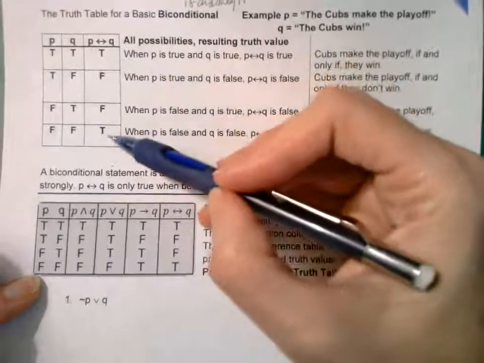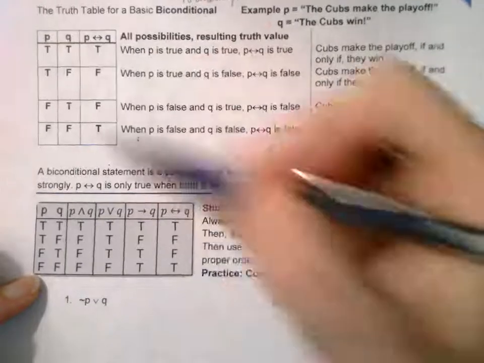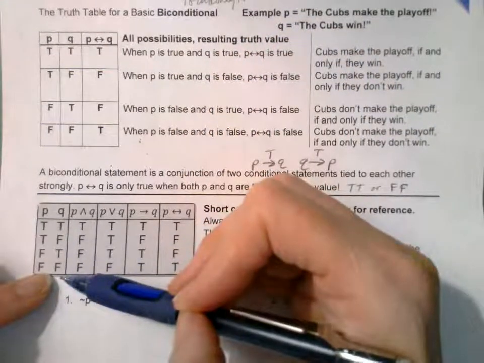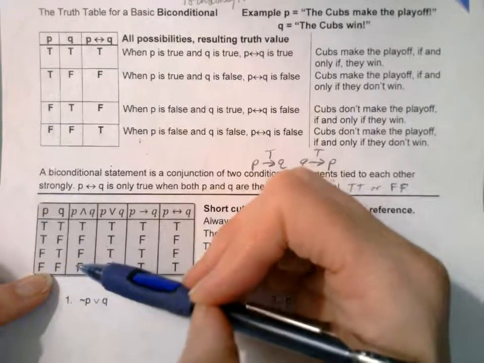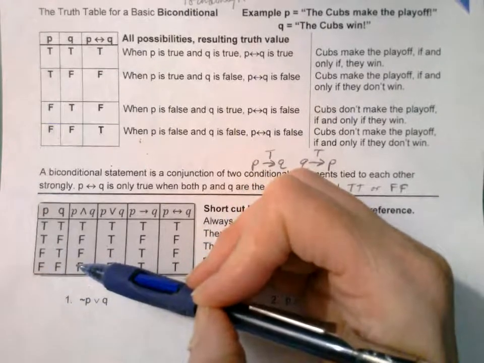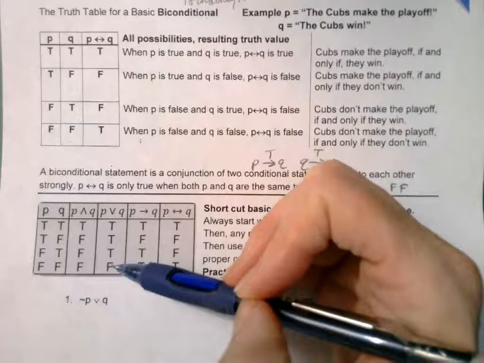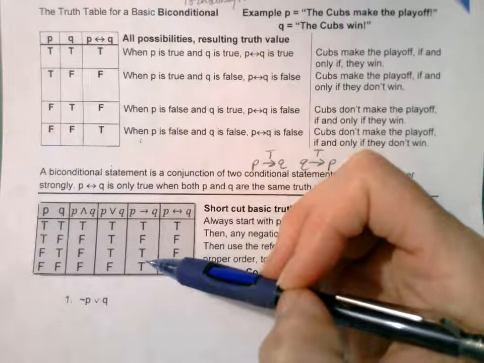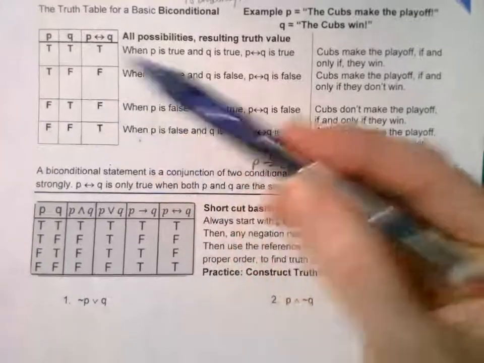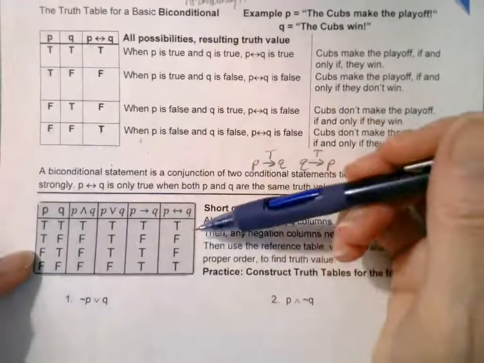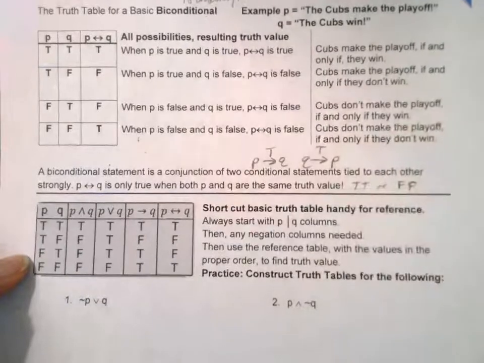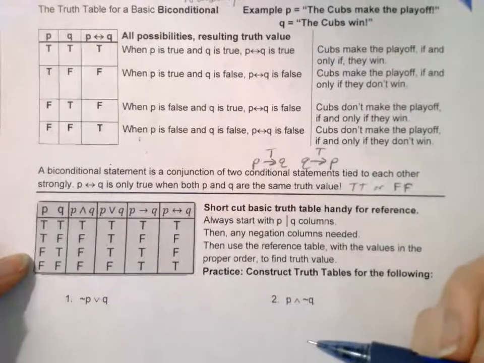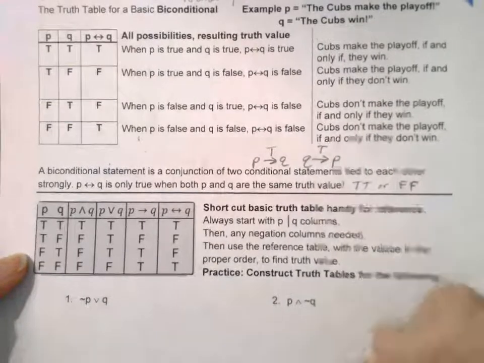These two that are always the same in all of them are here. So this is the conjunction. This one's the last column in the disjunction. This is the last column in the conditional, and this is the last column in the biconditional. So this is the shorthand version of the truth tables. That way you're always sure what you're following.